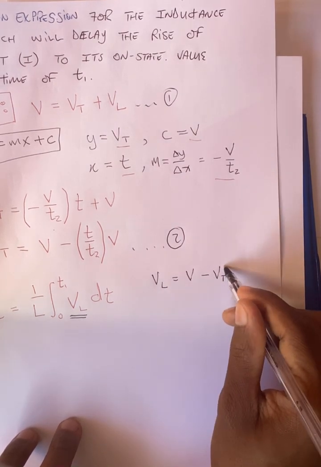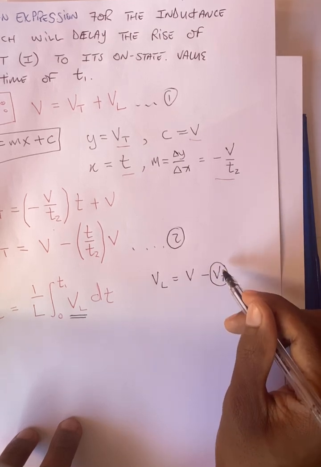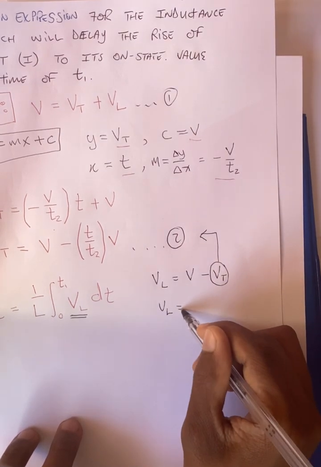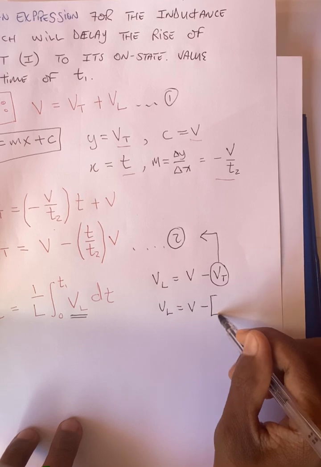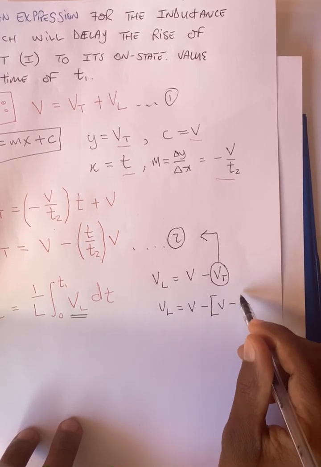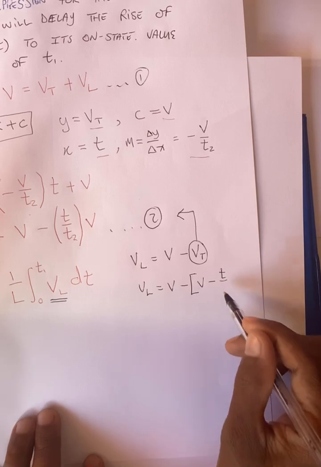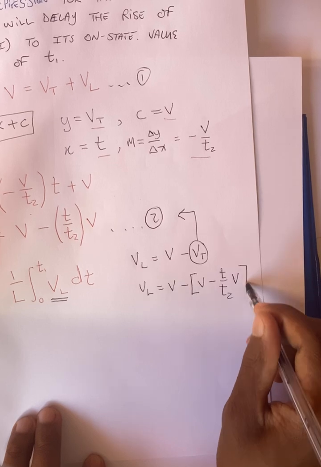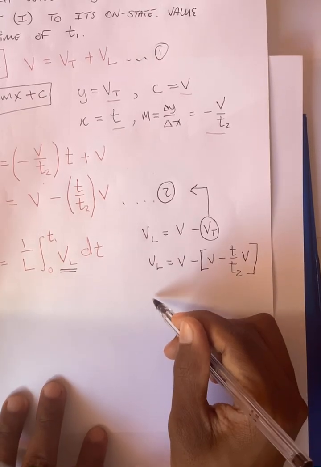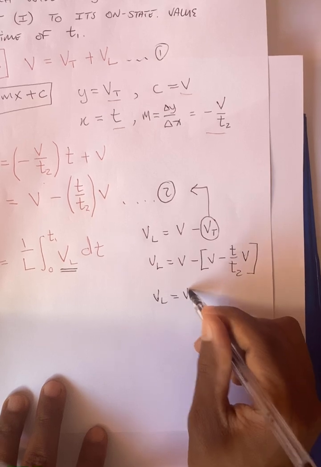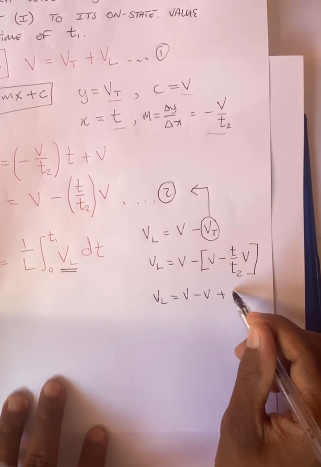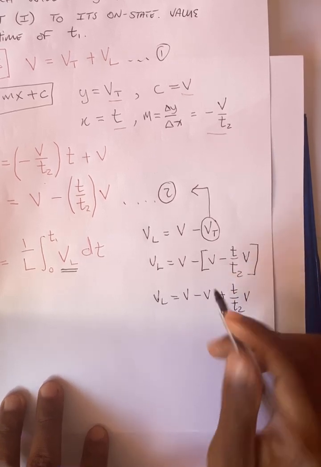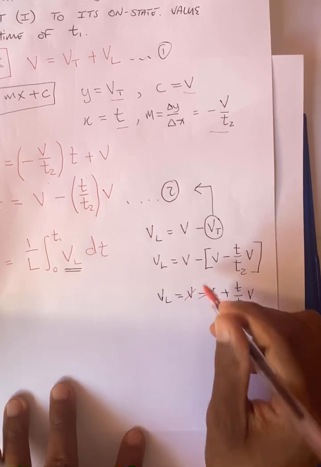What do we know? We know that we have VT. That's equation 2 up here. So now we will say VL is equal to V minus VT, which is equal to V minus t over t2 times V. Therefore, we can conclude that VL is equal to V minus V plus t over t2 V. We'll then also notice that these cancel each other out.